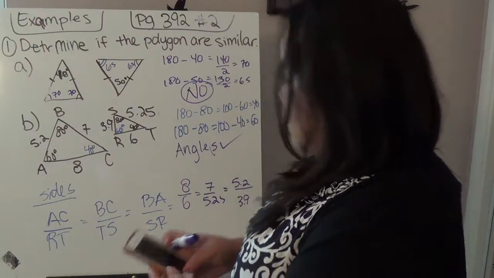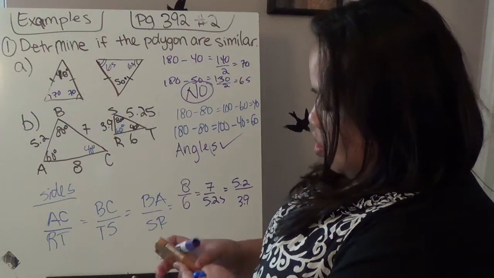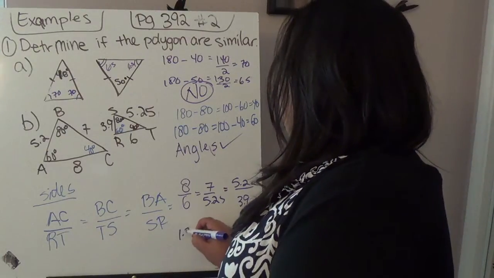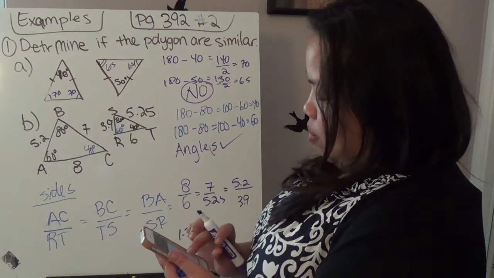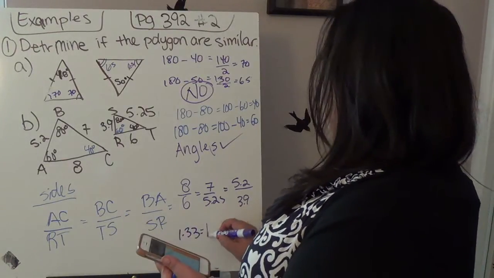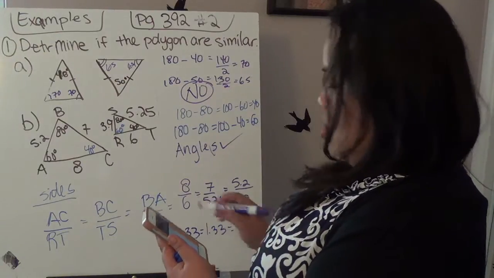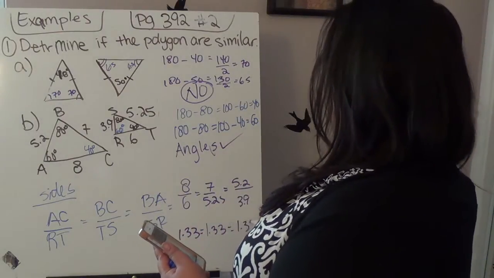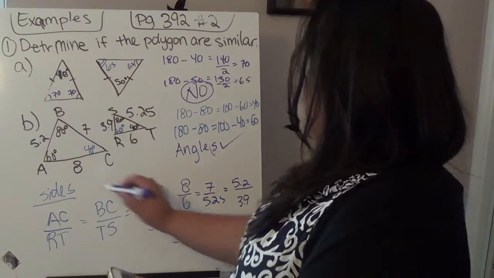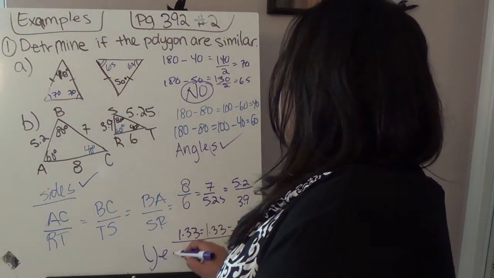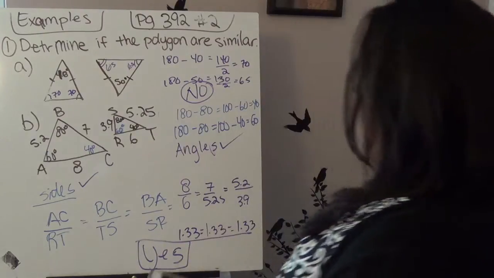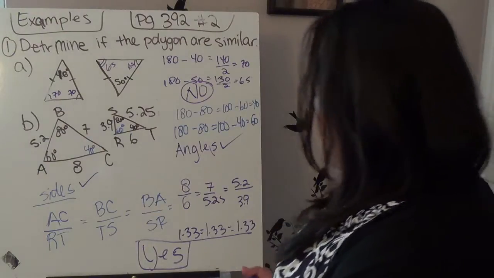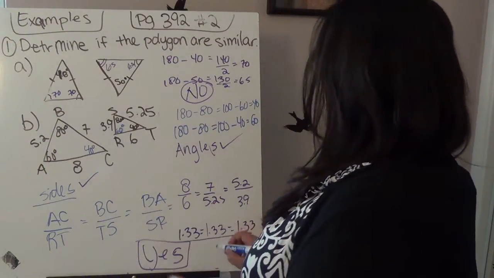So I'm going to take my calculator and divide each of these. 8 divided by 6 is 1.33. 7 divided by 5.25 is 1.33. And then 5.2 divided by 3.9 is 1.33. So since these are all equal, the sides check. So yes, these are similar. And this 1.33 would be my scale factor.